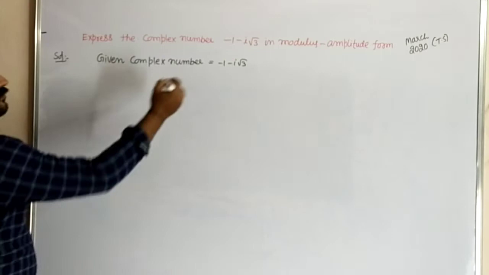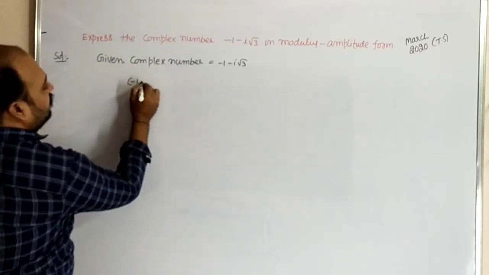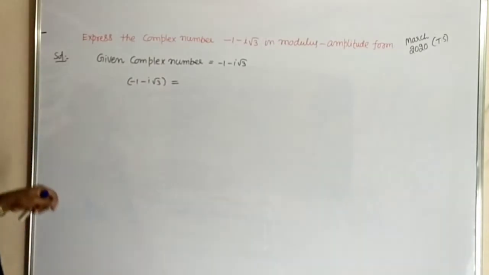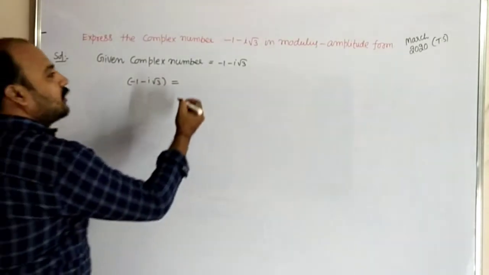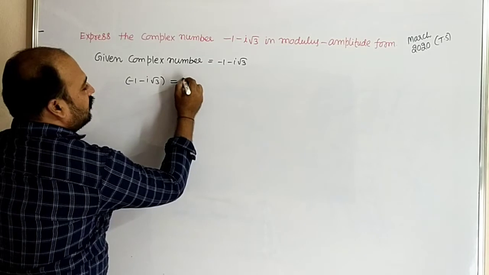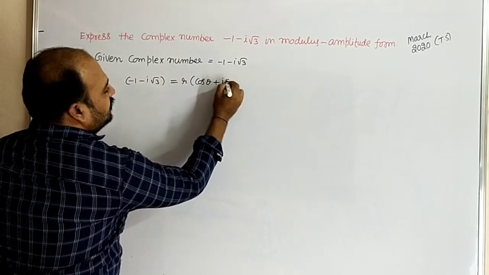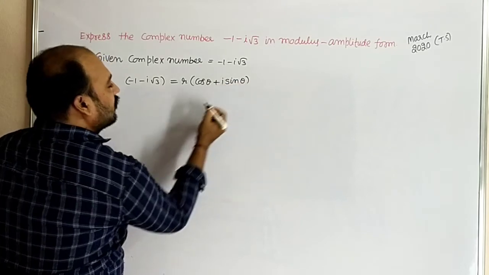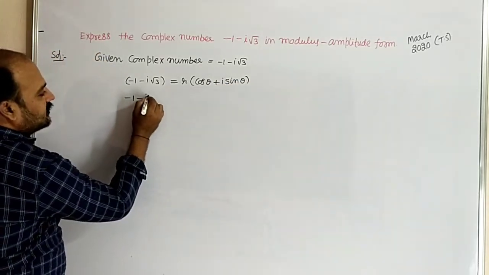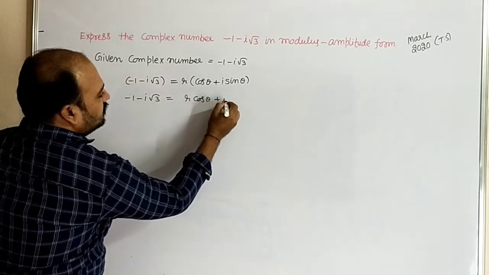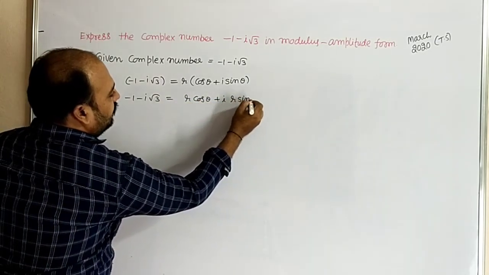After that, write it in polar form, that means modulus amplitude form, which is equal to r into cos theta plus i sin theta. So minus 1 minus i root 3 is equal to r cos theta plus i into r sin theta.